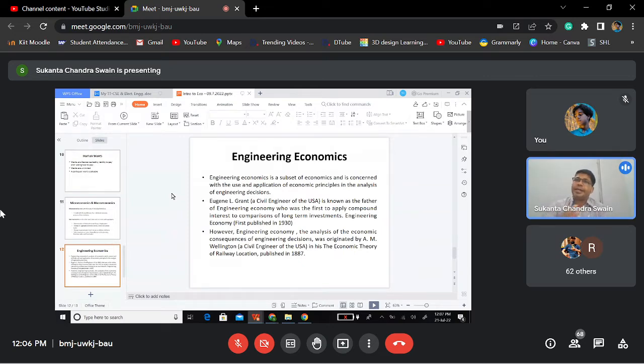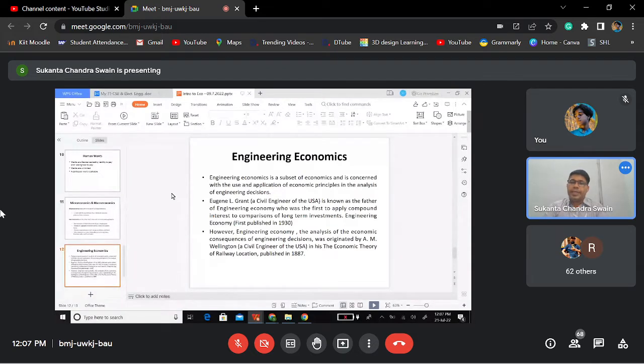But he is not treated as the father of engineering economics because it was not so popular, it was not coming out significantly. But the person who made it popular and gave a special identity to this one is E.L. Grant, who is also a civil engineer and is also US based.